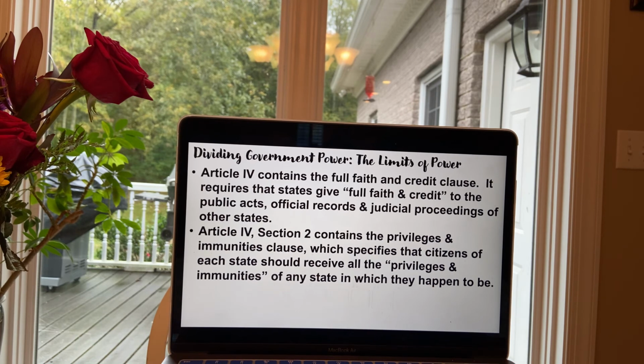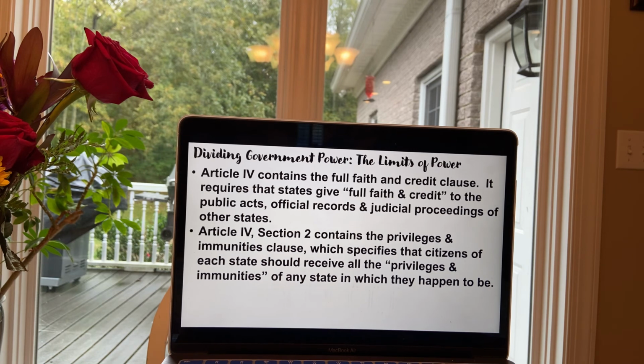Article 4, Section 2 contains the Privileges and Immunities Clause, which specifies that citizens of every state receive all of the privileges and immunities of any state in which they happen to be. For example, if you go to New York City, you still pay New York's state sales tax, right?